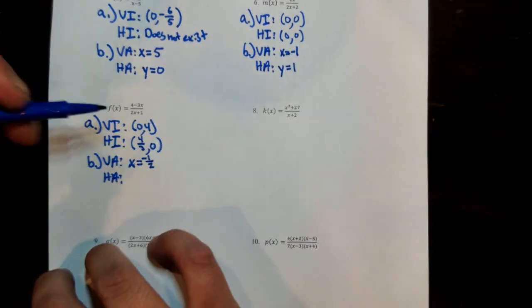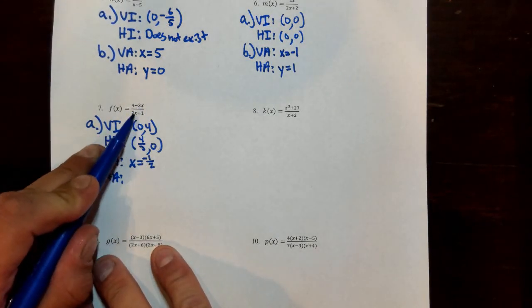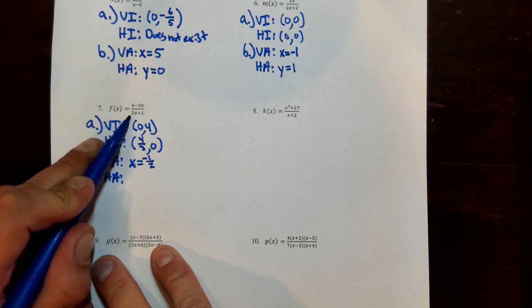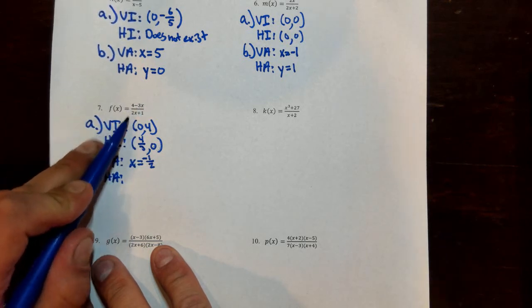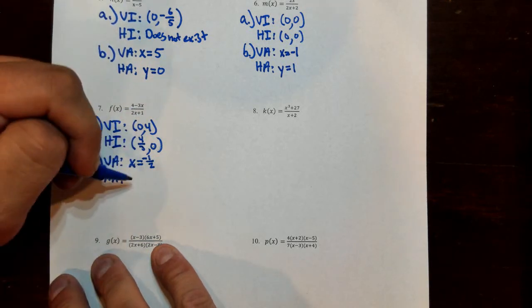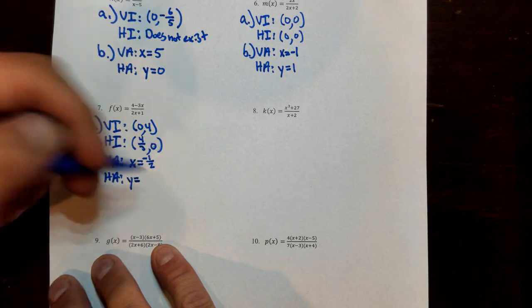And then for our horizontal asymptote, we want to look at our leading coefficients. In this case, we have matching degrees, both of the first power, so it's going to be the ratio. So y is going to equal -3 over 2.